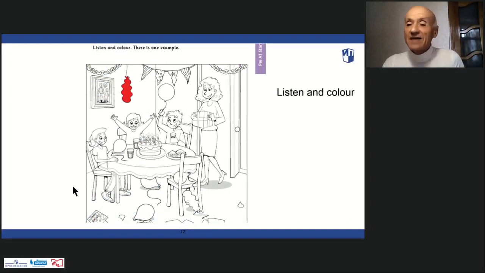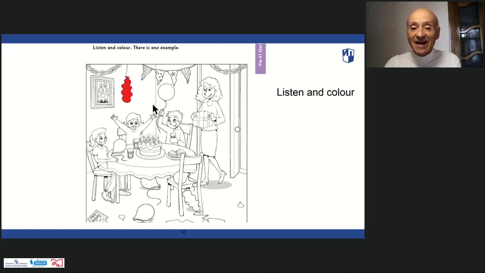This is the task that I, for some reason, like more than others. Listen and color, but color selectively. Do not color the whole picture. And this helps the examiner assess how focused children are in listening to the text and how attentive they are to comprehending details and how correctly they comprehend, understand what they hear.